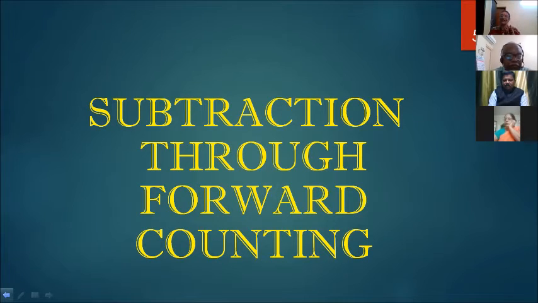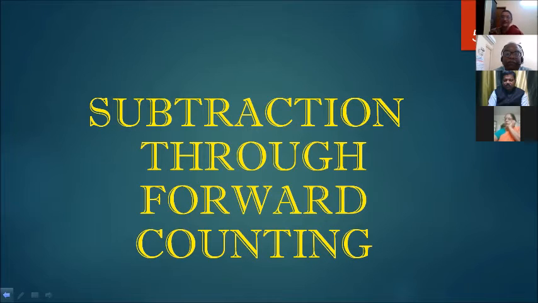Only 2 is the answer. Again, forward counting is manipulated in two different ways. That's why, through addition only, the children can learn subtraction, or at least the working rules, we can say. Now many people teach subtraction in two different ways.